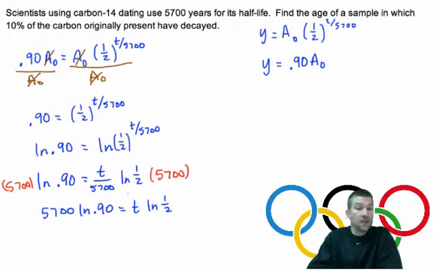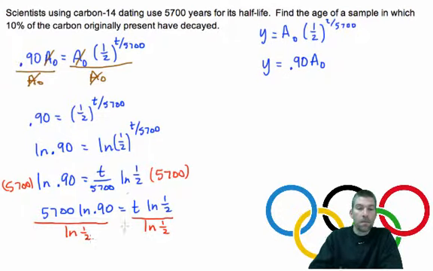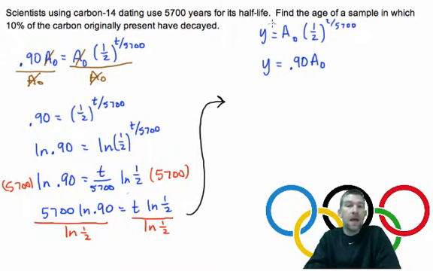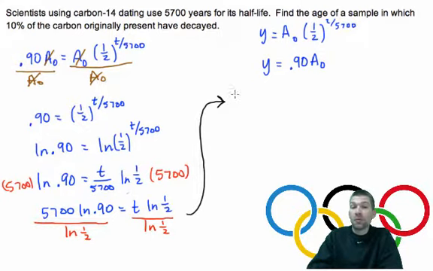So I can finish this by dividing both sides by the natural log of 1/2. And when I do that, I get the age of a sample in which only 10% of our carbon has decayed.